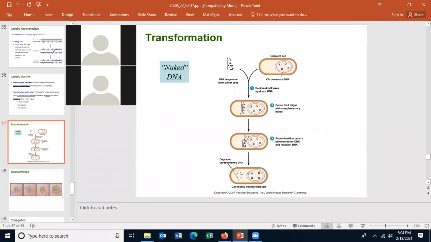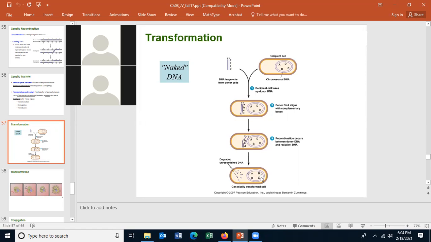And we're not going to go into this, but that DNA coming into the cell generally has to recombine with the host chromosome, and it usually will recombine in a region of the DNA that's similar to that gene that we're bringing in.